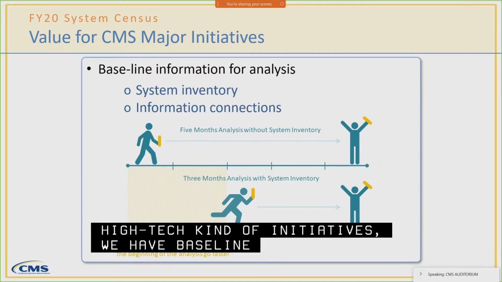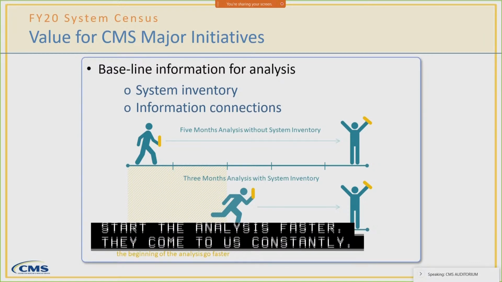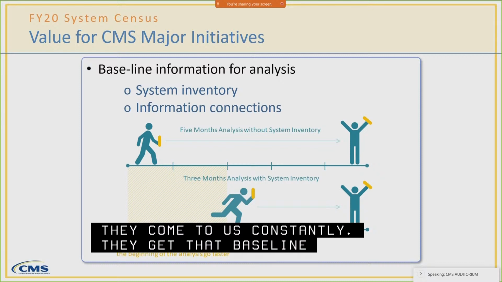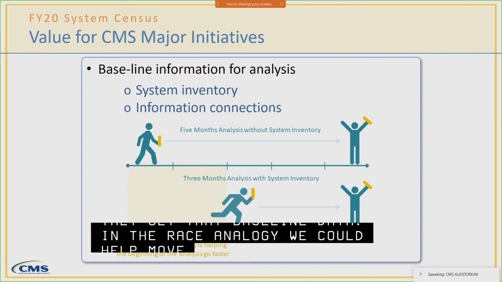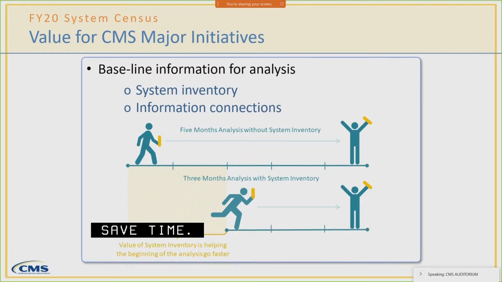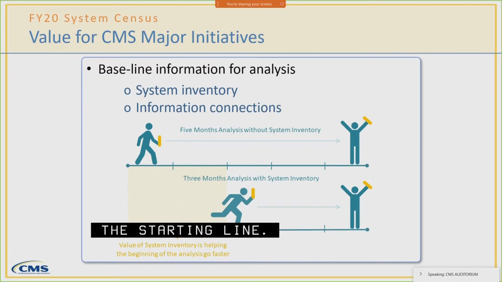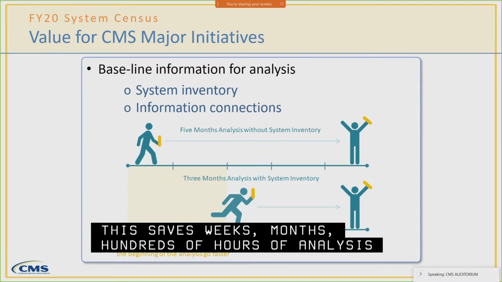They come to us constantly, and we interview with them constantly, so they get that baseline data. In the race analogy, we can help move the starting line to save time. We can't get you across the finish line, but we can help move the starting line. This saves weeks, months, hundreds of hours of analysis that these teams would otherwise have to do for their initiative.